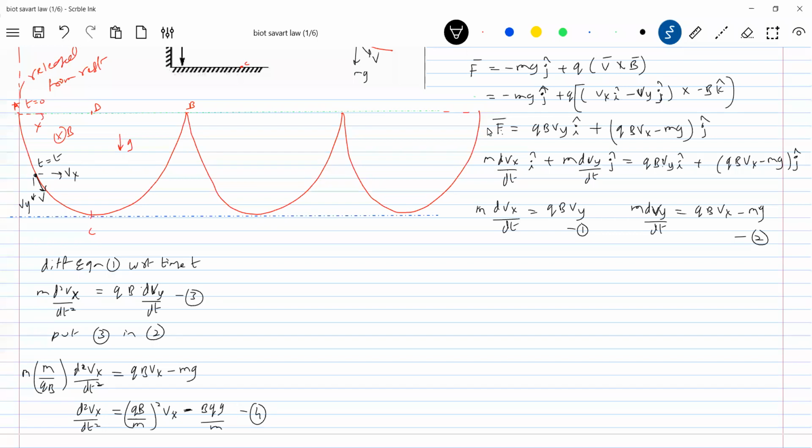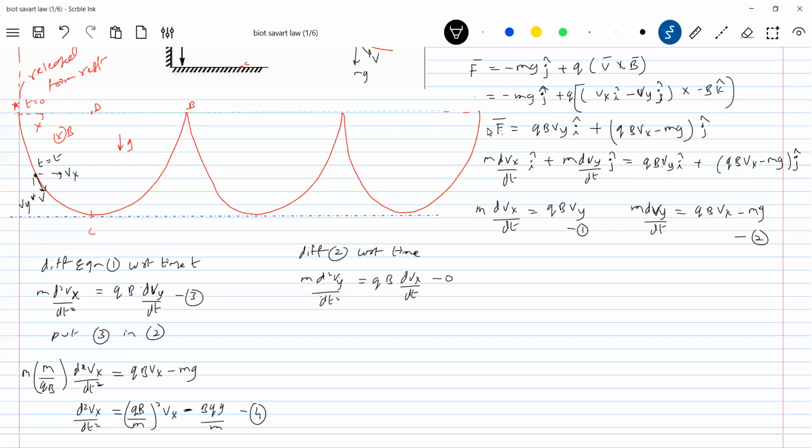Now similarly, let's differentiate equation 2 with respect to time. So m d square vy by dt square equal to qB dvx by dt minus 0, since m and g are constant.